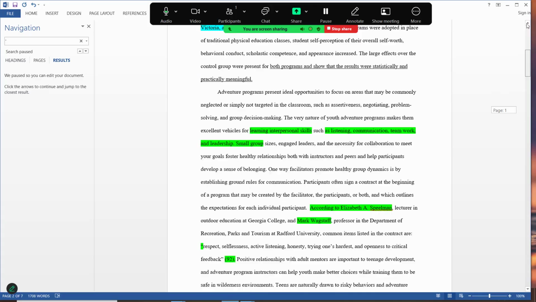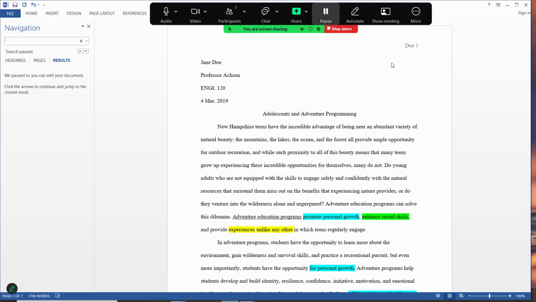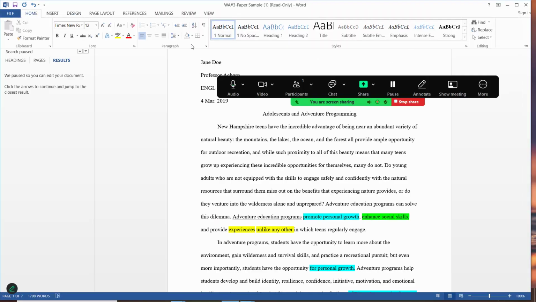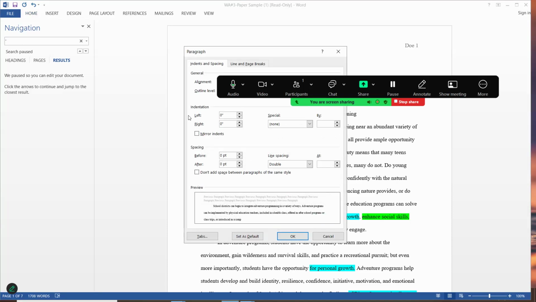Also, I think I've been telling everybody this throughout this semester, do remember that this box needs to be checked. You'll see if I go into my paragraph link, I'm in the home paragraph. This right here, spacing after should be at 0, okay? And this should be at 0.